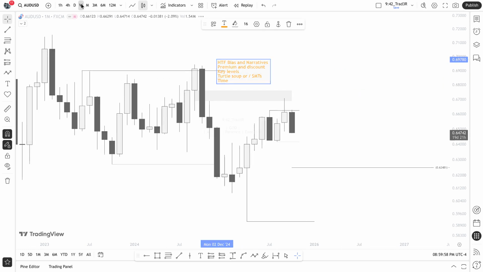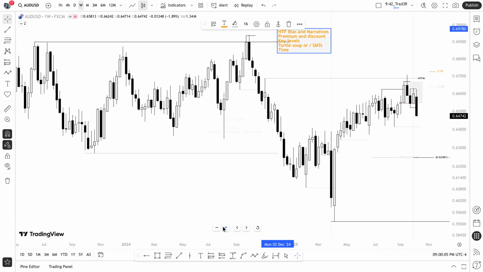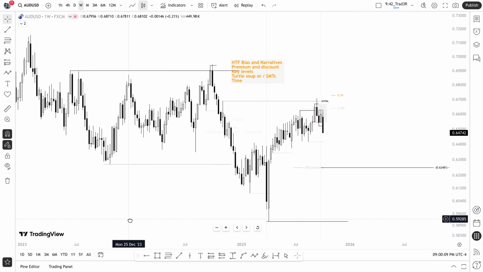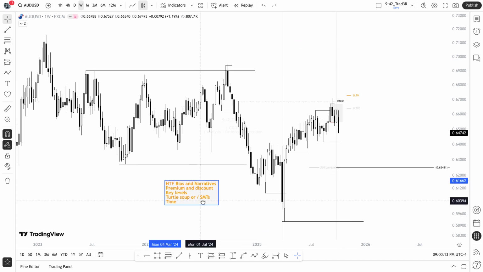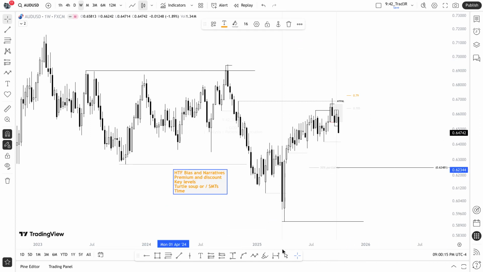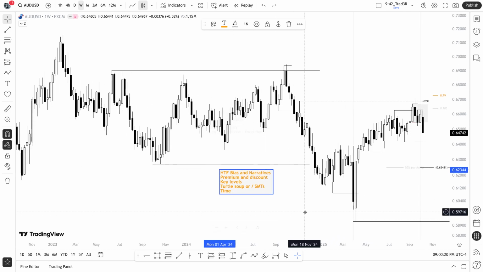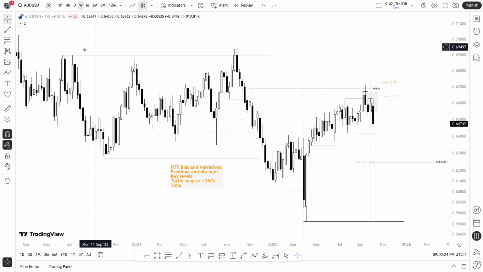So now let's look at the weekly chart. Going down to the weekly, let's see what we have here. Zooming in to keep the charts a little bit presentable and clear in your eyes, you can see that price is respecting old highs.